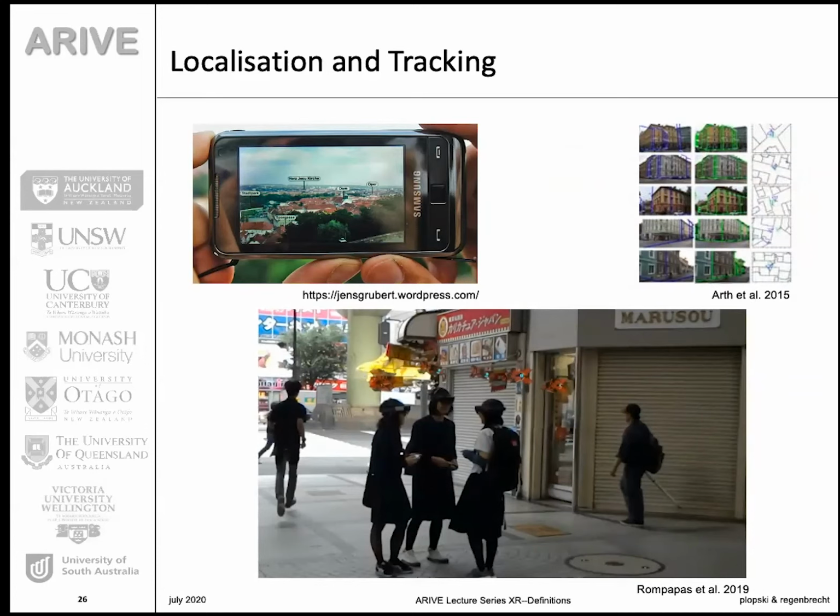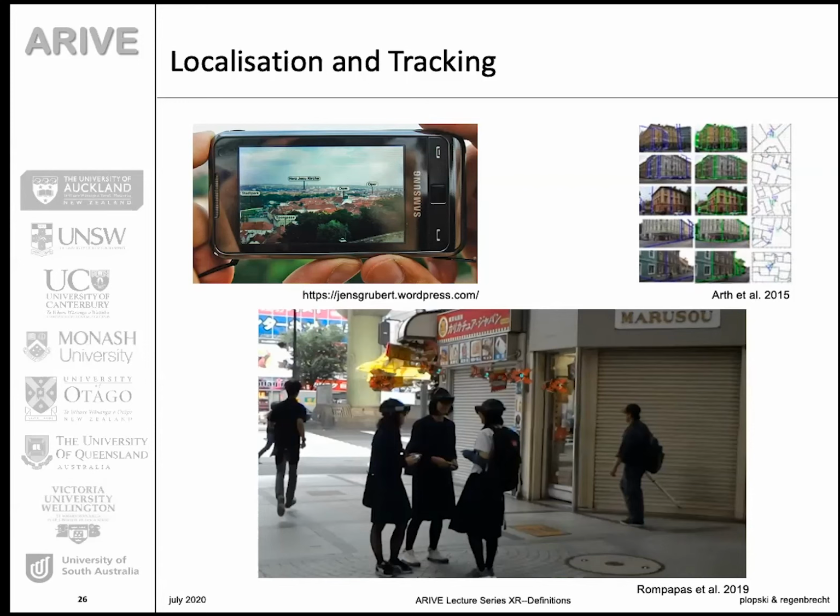They're simply overlaying some information about the world when you're looking at it. They can tell you, oh, there's the church over there, or this is where the university is. And you don't need very high quality positional information. It's simply sufficient to get the GPS location and maybe the orientation of the device to get a general idea what the user is looking at and what should we be augmenting.